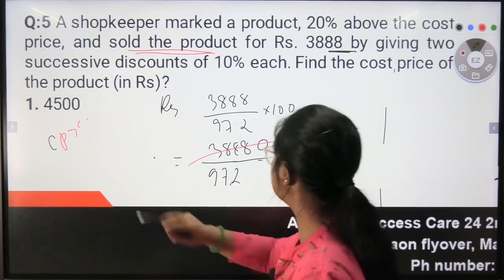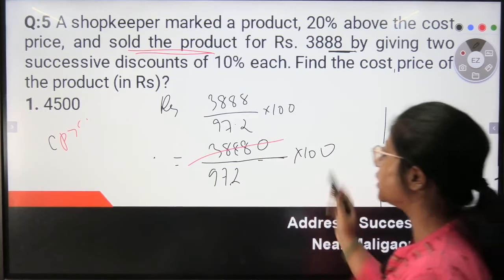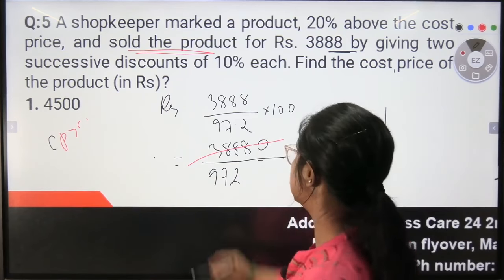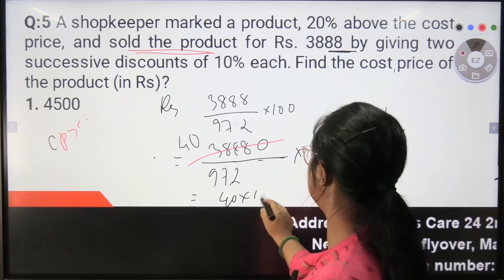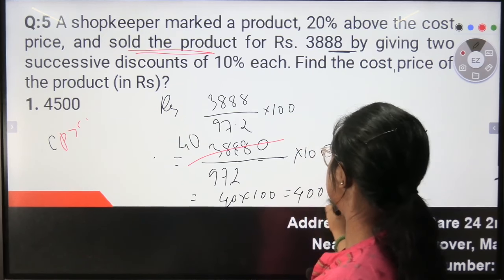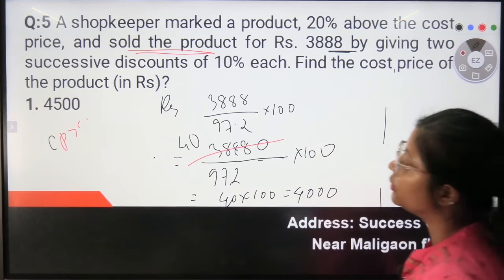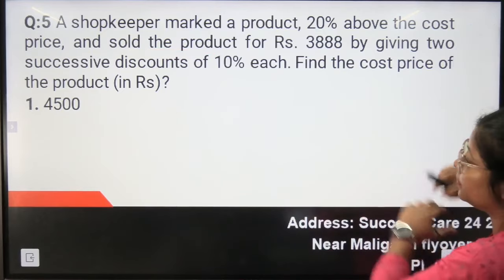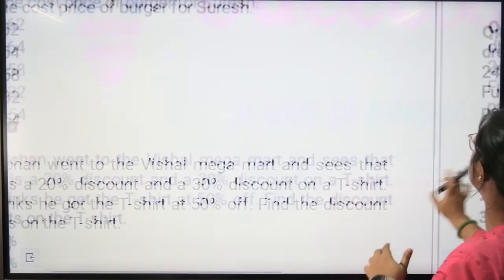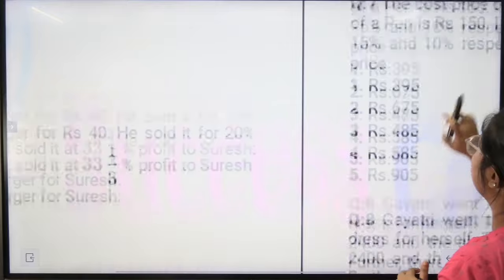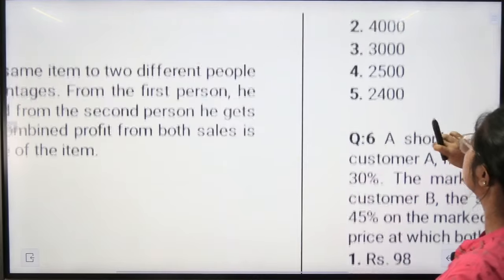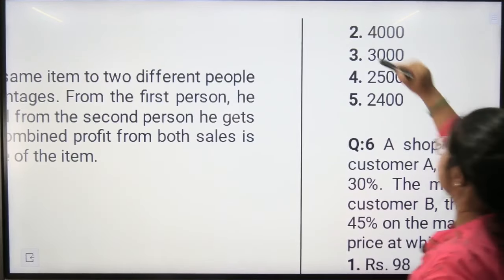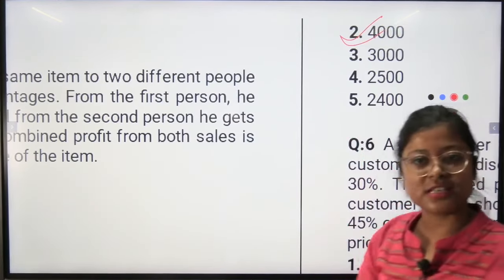Yes, 972 will completely divide 3888. So I am getting 40, and 40 into 100 gives 4000. Is there any option as 4000? Yes, option number 2. So my actual CP would be rupees 4000.